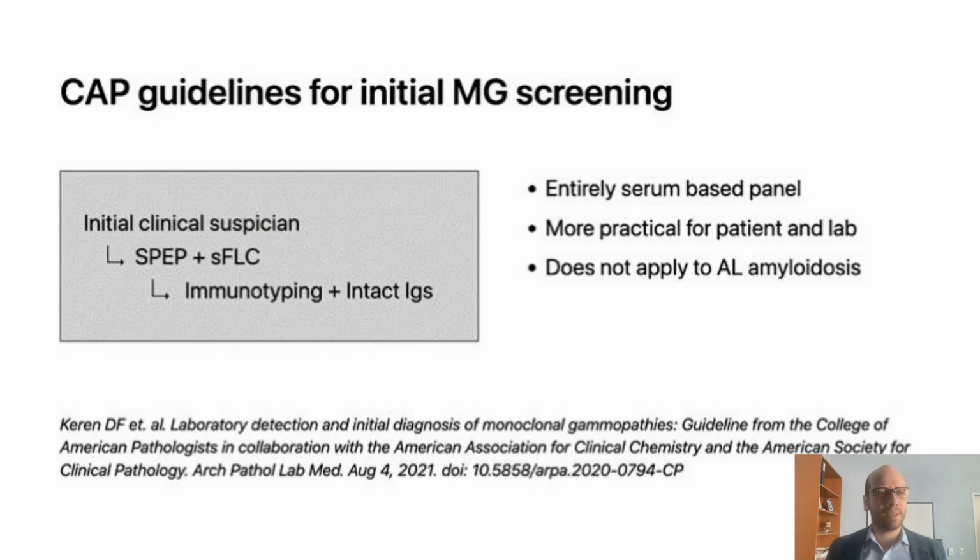Then, if there's an abnormality on either of these studies, reflex immunotyping and intact immunoglobulins should be performed. This panel is different from prior panels that included a 24-hour urine specimen. And it is also different from prior panels that performed immunotyping upfront. So this panel offers a compromise between optimal sensitivity and the practicality both to the patient and the laboratory.